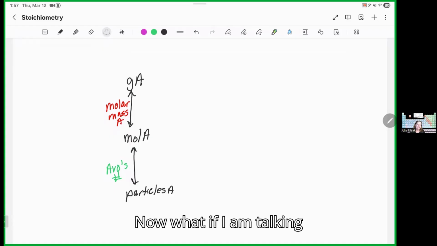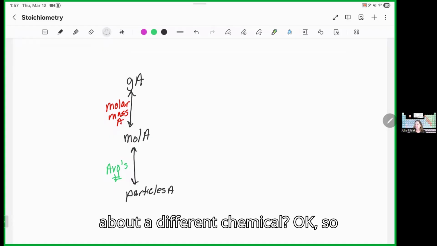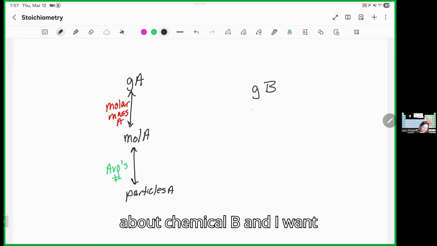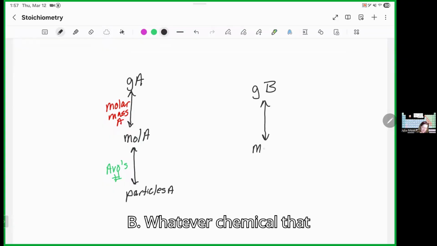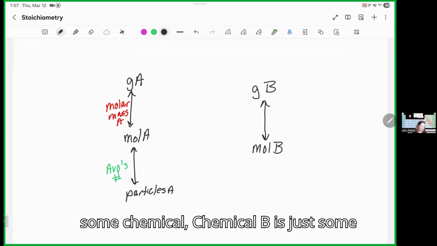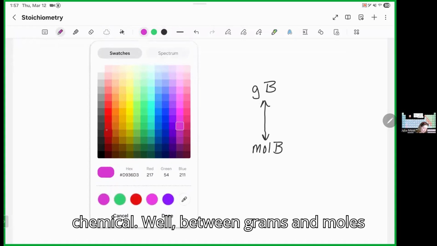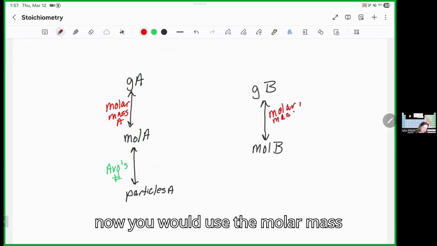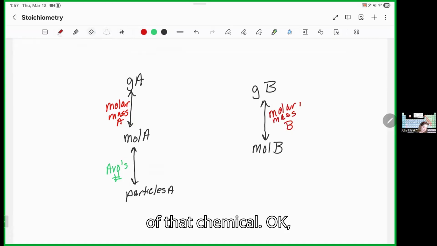Now, what if I am talking about a different chemical? Let's say that I am talking about chemical B. And I want to know how many moles of B, whatever chemical that is, just like chemical A was just some chemical, chemical B is just some chemical. Well, between grams and moles is always, always, always molar mass. But now you would use the molar mass of that chemical.